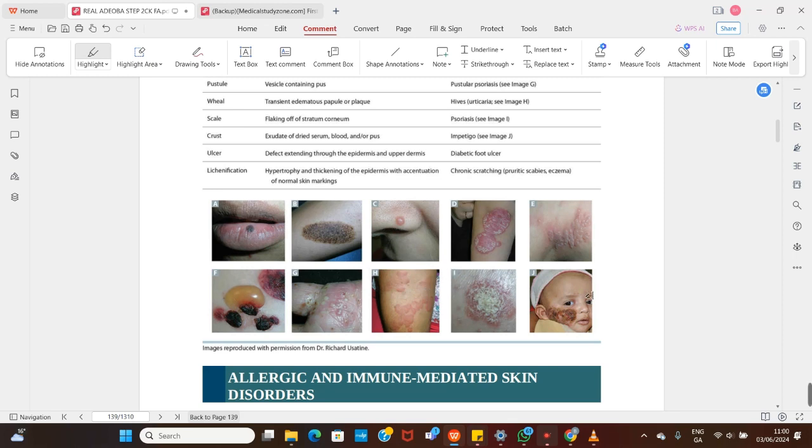So when they burst, they release their content, and the content dries off on the skin surface. So the drying off of the blood, the drying off of the pus, the drying off of the serum, right? Can form crust. And one classic lesion that is actually a formation of crust is impetigo.